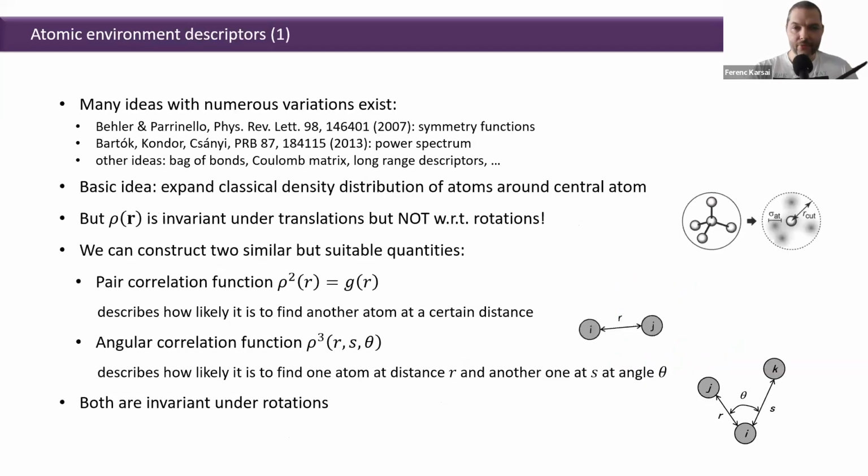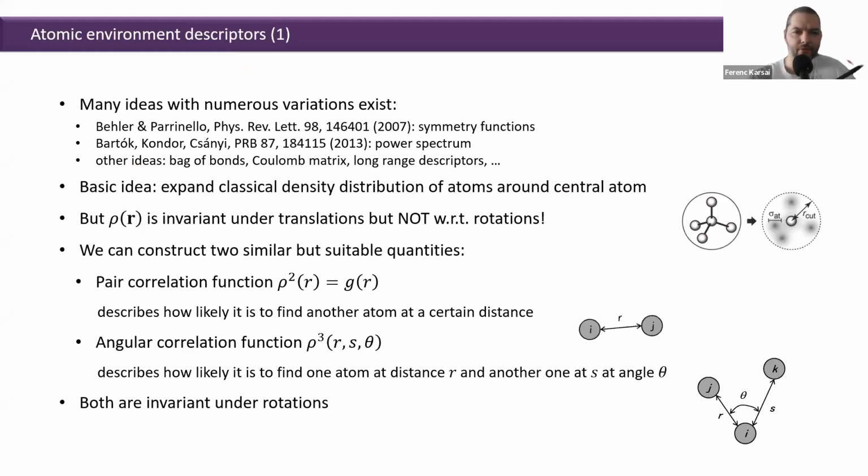So let's talk about these atomic ion environments or descriptors. Since the beginning of these types of machine learning methods, there have been many proposals here. I just wanted to list some of them for the interested listener, but I don't want to start a comparison between them here.